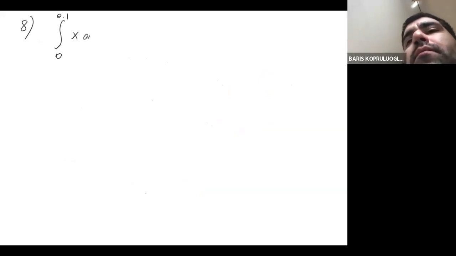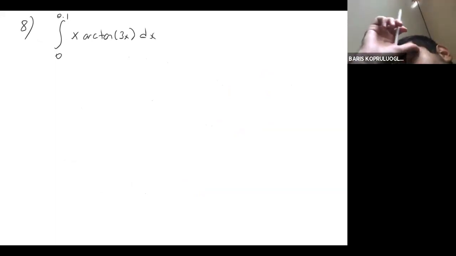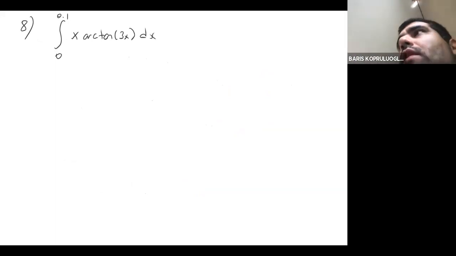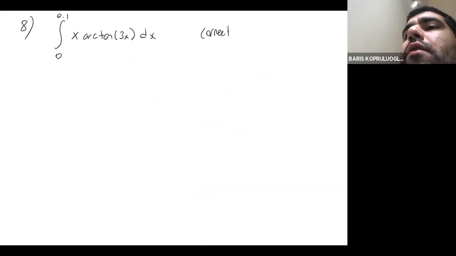Number 8 was the other hard problem in the test. You need to approximate this integral correct to 6 decimal places. So the error is going to be less than 5/10 to the 7th.